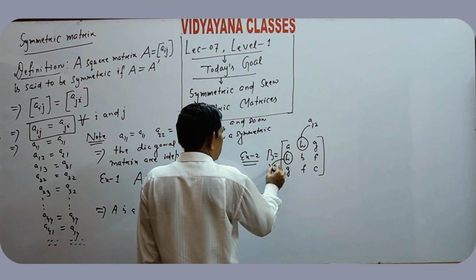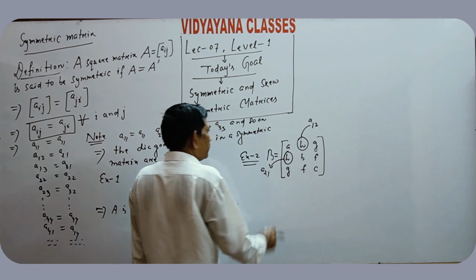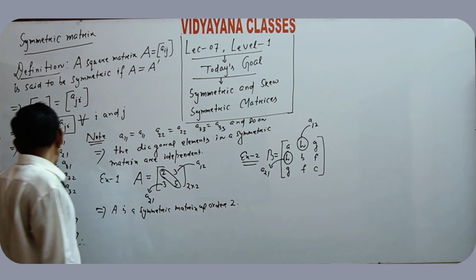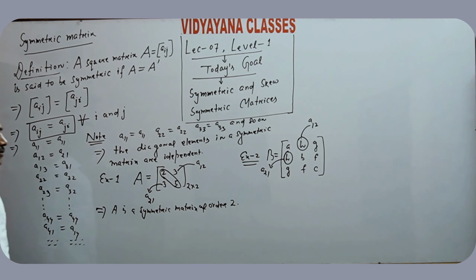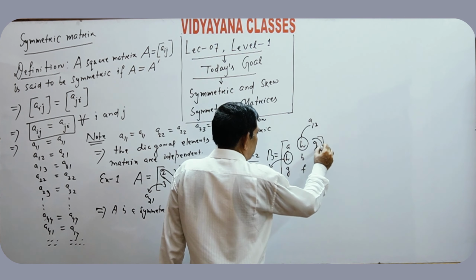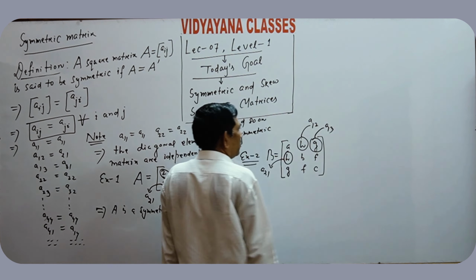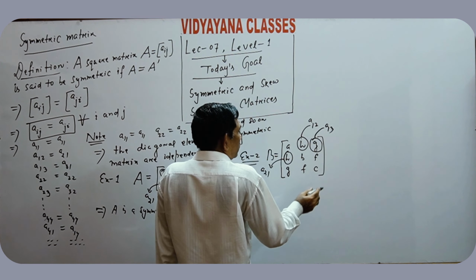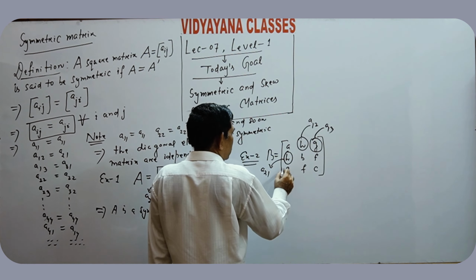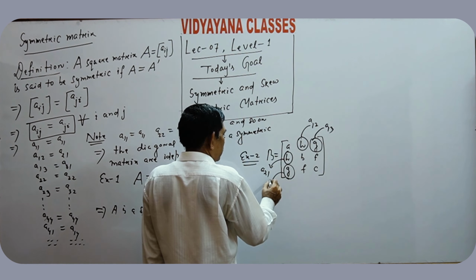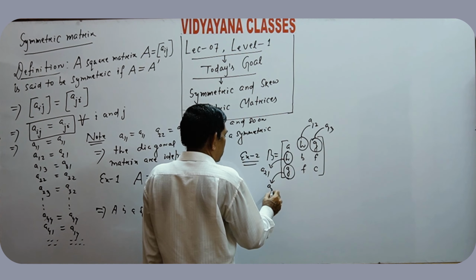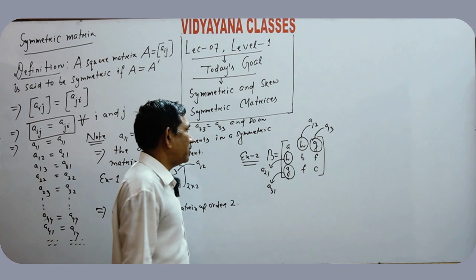The element of the first row, third column will be same as the element of the third row and first column.